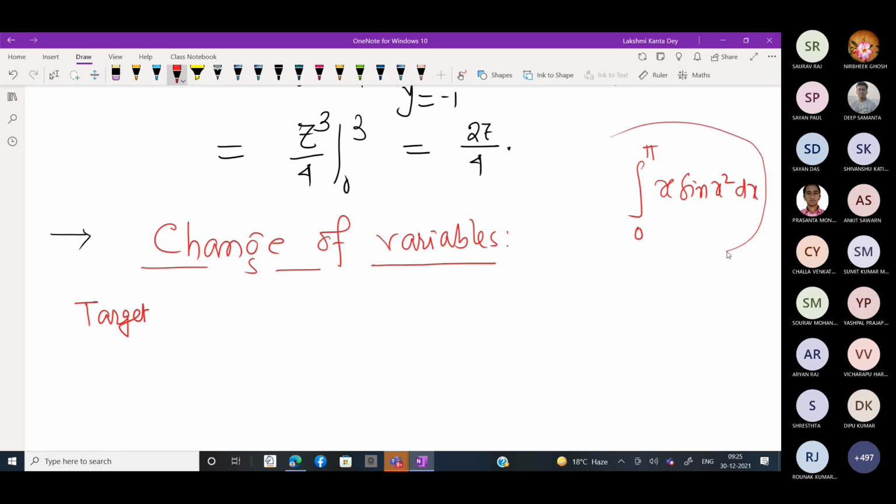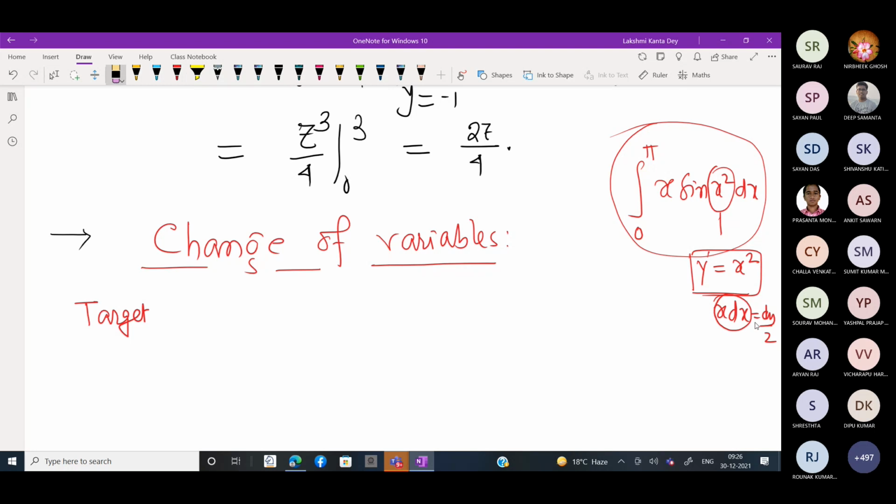To integrate it, we put y equal to x square, which is basically a change of variables. We put x square in terms of y and then we find it. So twice x dx is equal to dy, that means x dx is basically dy by 2.